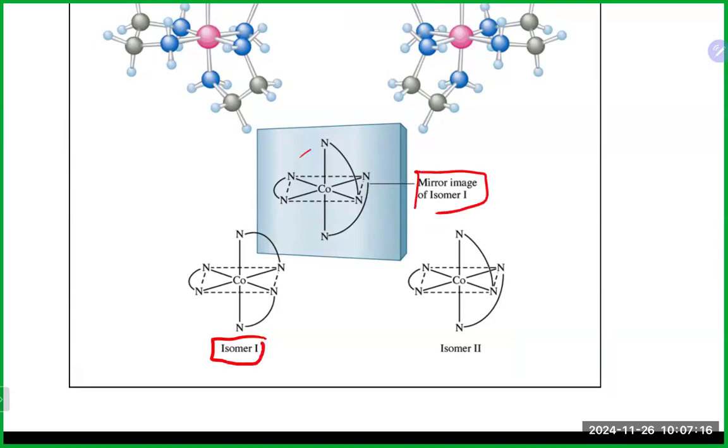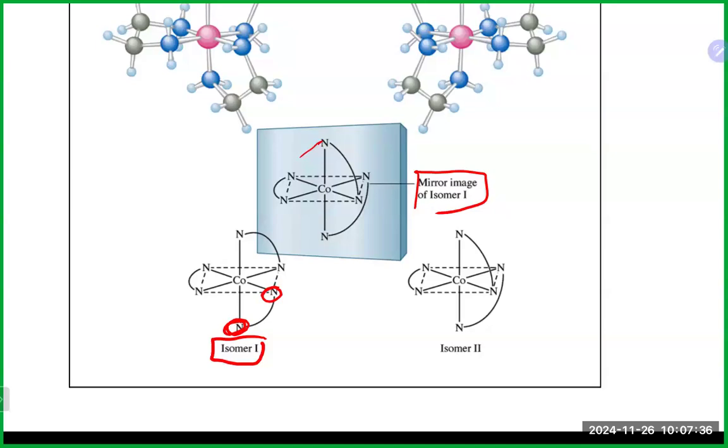So again, obviously it reflects right into the mirror. The deal though is when it reflects back, it actually creates a different type of bond. In the original image of our molecule, we have a connection between these two nitrogens.